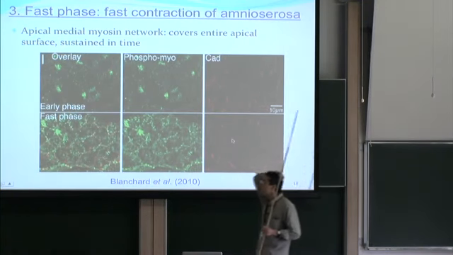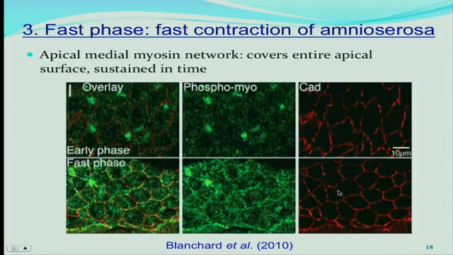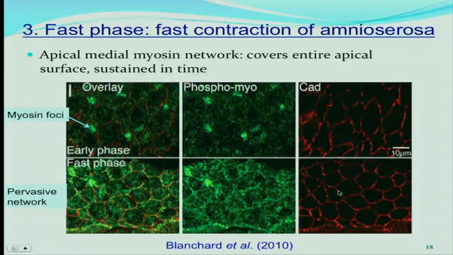Now, let me get on to the final stage, the fast phase. The most interesting or distinctive feature of the fast phase is that there's a pervasive and persistent actomyosin network now covering the whole tissue. So there's a contrast: the top row here is for the early phase and the bottom row is for the fast phase. In the early phase, you would have the myosin foci, kind of condensates or aggregates of myosin.